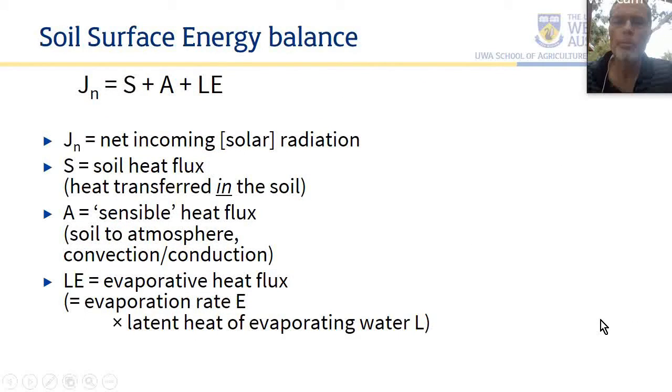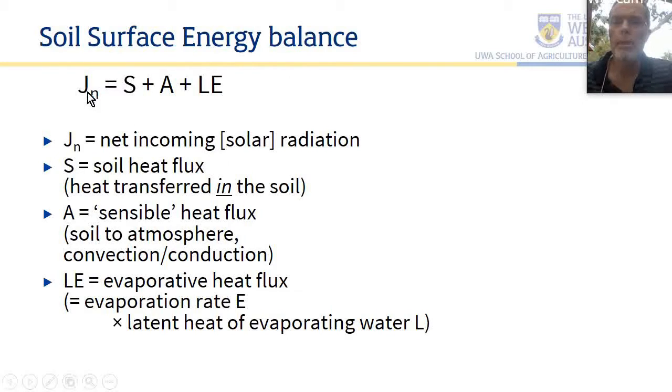Okay. The surface energy balance, so right at the very interface between the soil and the air, the energy balance looks something like this. We've got the net incoming solar radiation, which is always given the symbol J, and the subscript N meaning net.